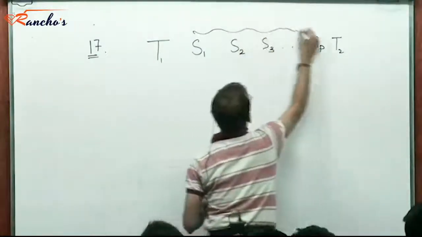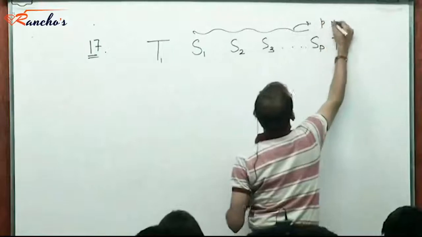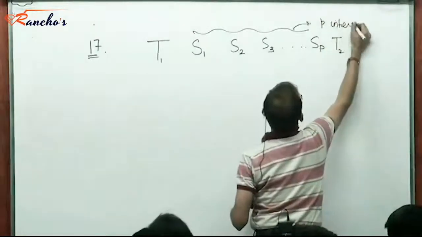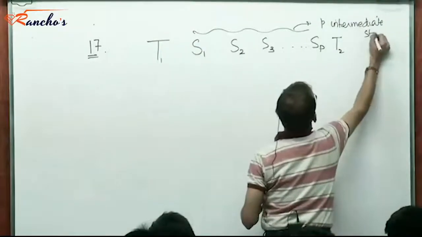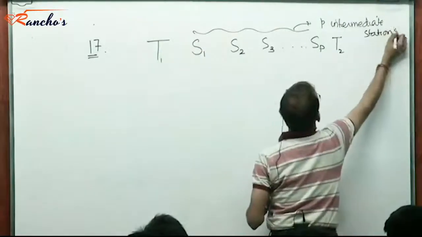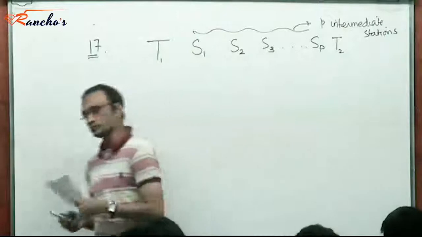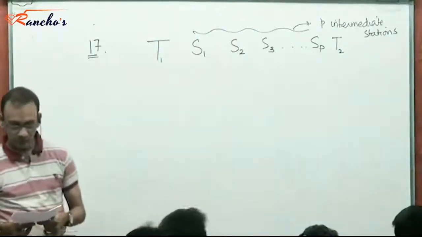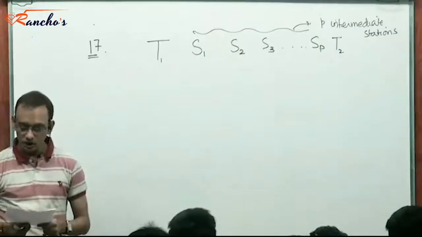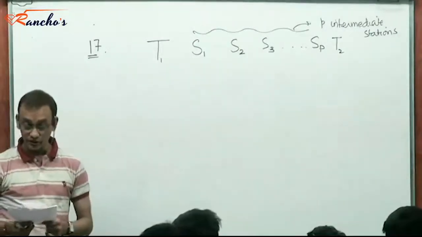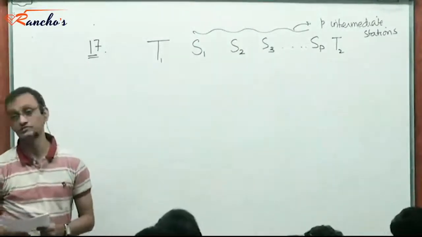These are the P intermediate stations. From T1 to T2, right? In how many ways can a train stop at 3 of these intermediate stations if no 2 are consecutive?